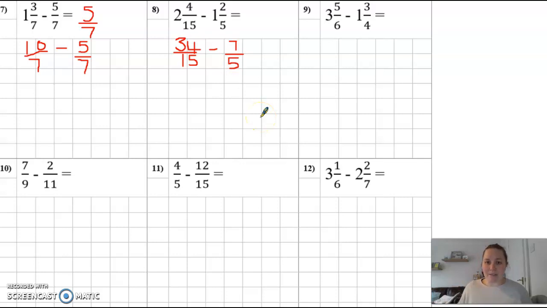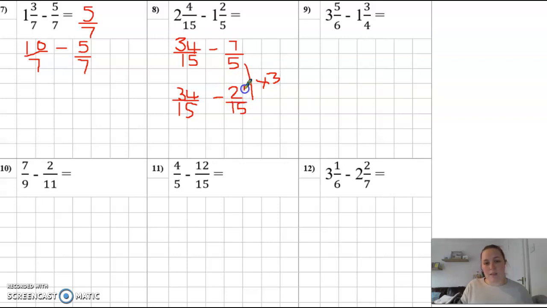Looking at 15 and 5, I can see that I could turn them both to 15. So 34 over 15 stays exactly the same, and 7 over 5 needs to be changed. I ask myself, 5 times what equals 15? 5 times 3. So if I'm timesing by 3 there, I have to do the same to my numerator. 7 times 3 is 21.